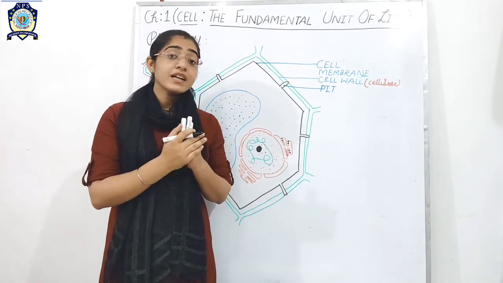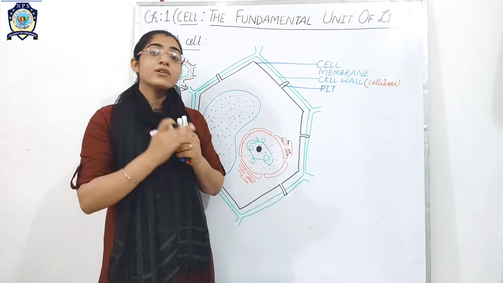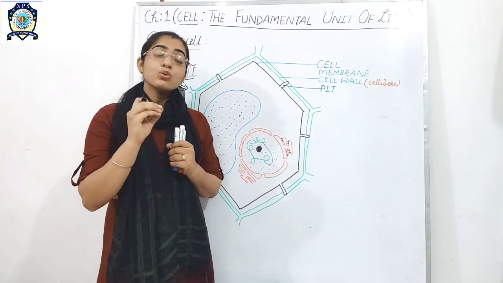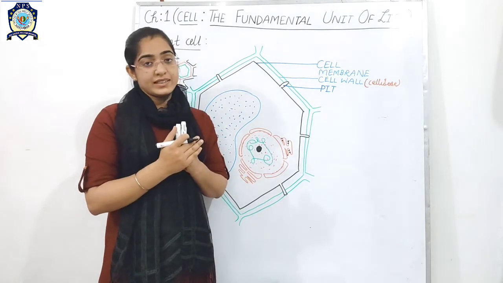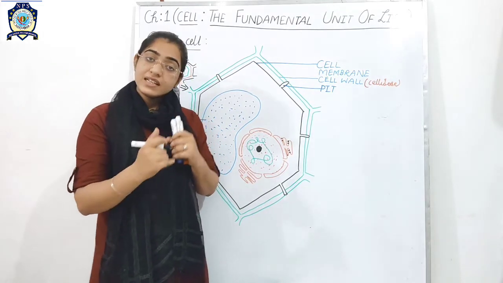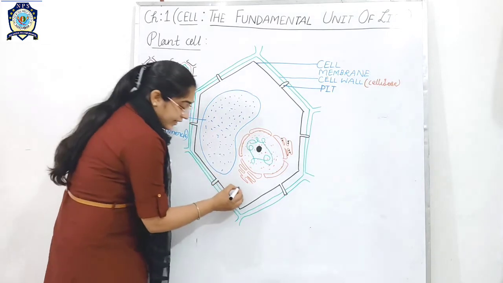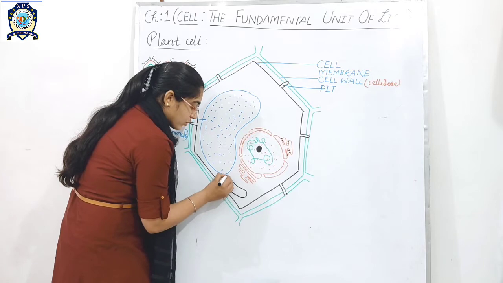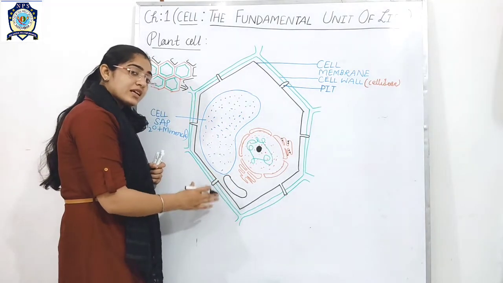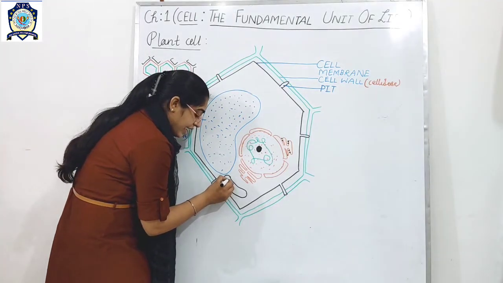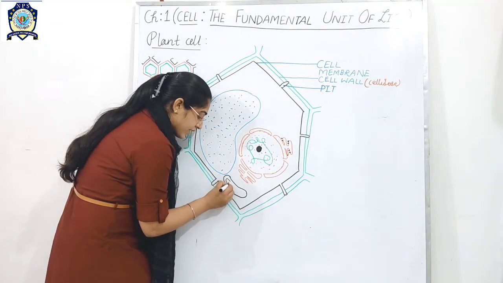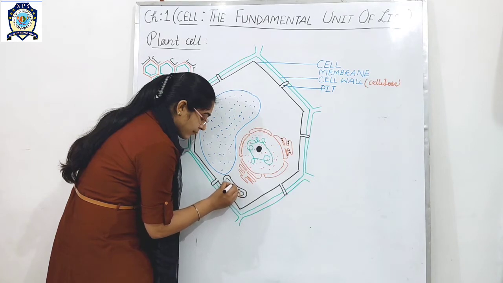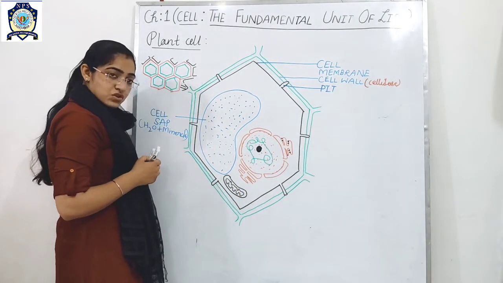In case of mitochondria, I told you that the number of mitochondria depends upon the physiological activity of the cell, that is, what type of activity the cell has. And as you have drawn the structure of the mitochondria in this way, mitochondria is also a double walled structure.